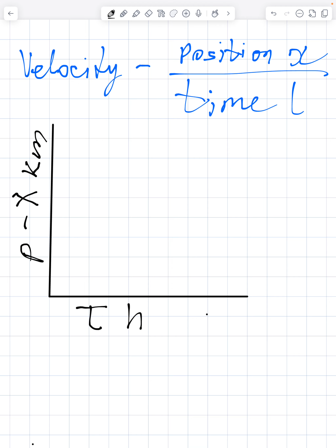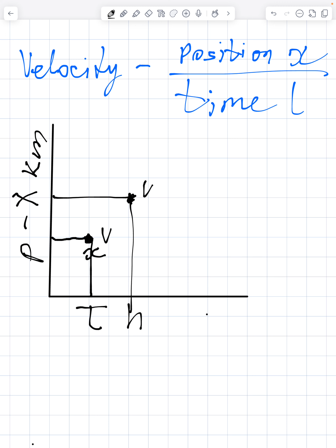Now, the velocity of some point X is going to be the relationship between this position over time. So that's going to be a velocity of this point. So let's say we have a point Y. It's going to be the same thing, position over time. This is going to be velocity.